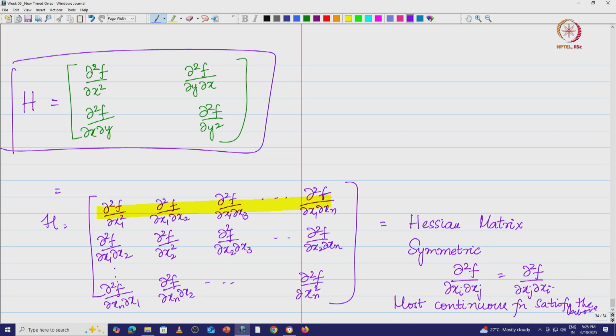Okay, let us just take a quick example and see what it is. I am going to look at this function f of x, which is nothing but, let us just take the squared norm of a 3 component vector: x1² + x2² + x3².